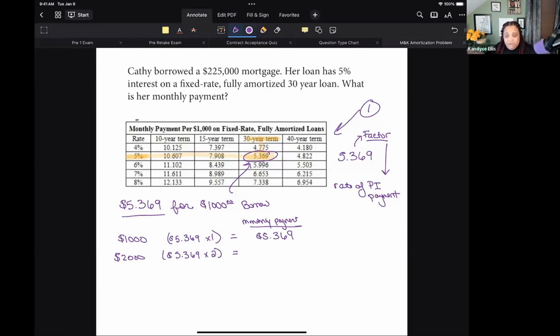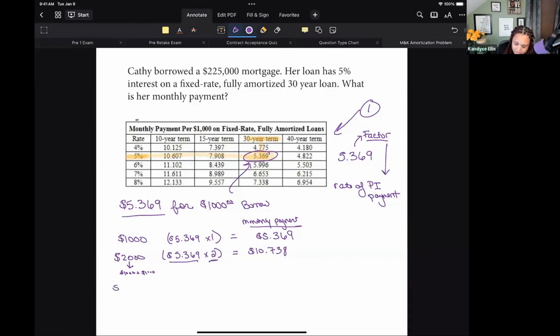I probably should have had a calculator ready, but you all can calculate with me. 5.369 times 2. $10.738. Yeah, 738. Yep. Right? Because you paid $5.36 2 times. Because $2,000 is $1,000 plus $1,000.